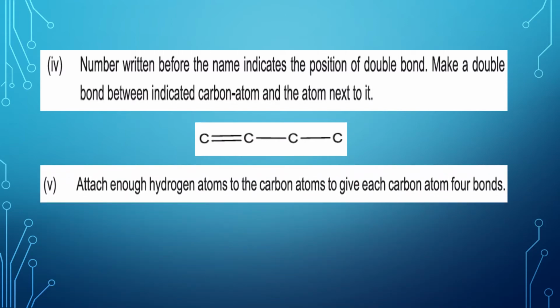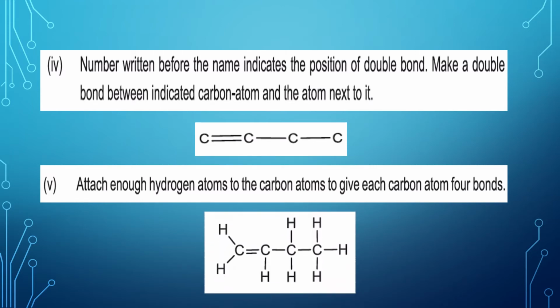Now, after assigning the position of the double bond, attach enough hydrogen atoms to the carbon atoms to give each carbon atom 4 bonds. So each carbon is given hydrogen atoms, so that 4 bonds are fulfilled for each carbon atom.